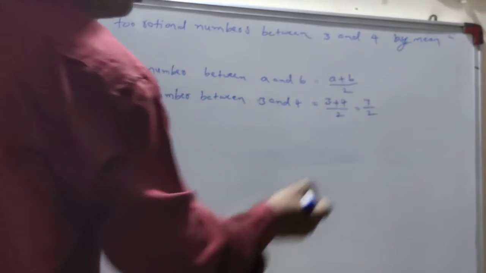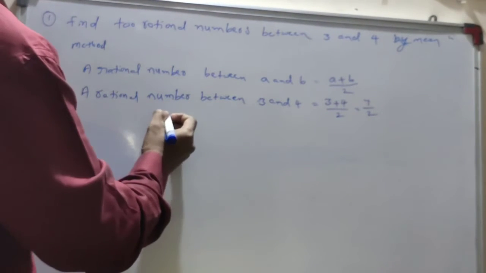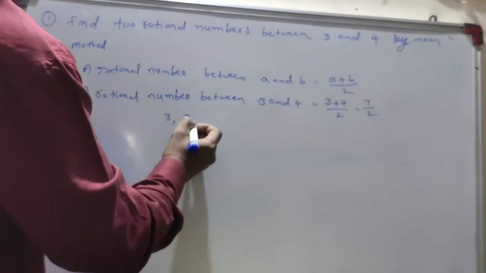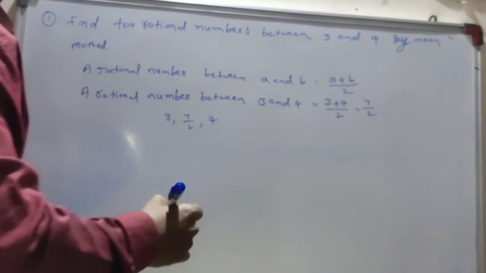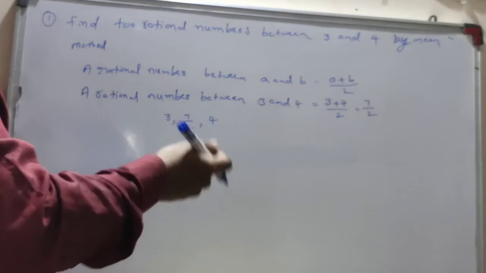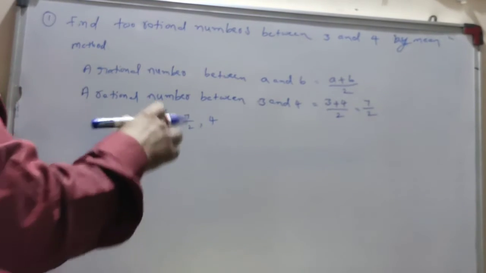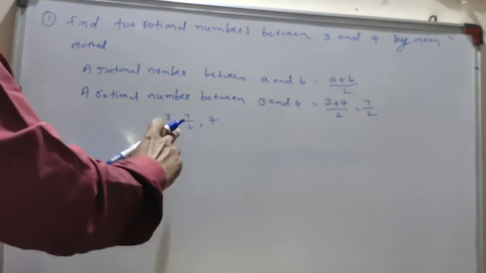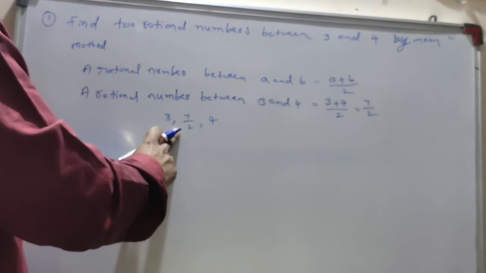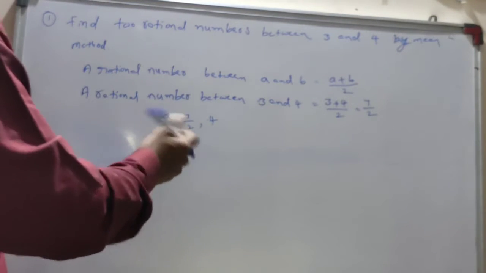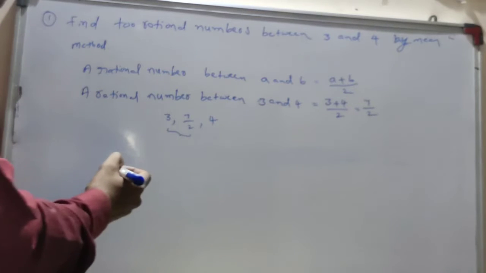Simply we get 7 by 2. That means we can write 3, 7 by 2 and 4. Now again we have to find one more rational number, either between 3 and 7 by 2 or between 7 by 2 and 4. So let us take 3 and 7 by 2.